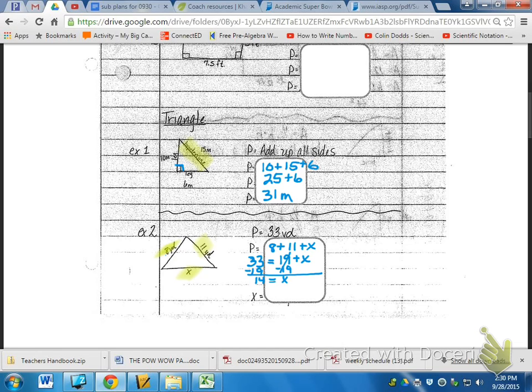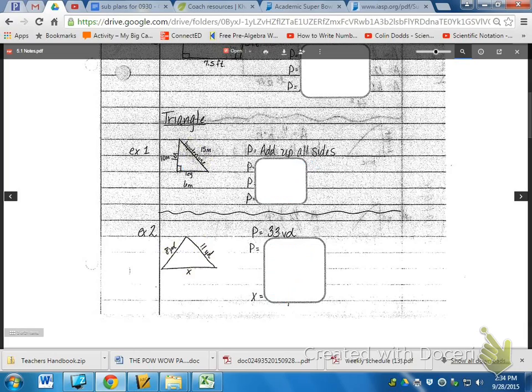So for my final answer, I'm going to say that x side is really 14 yards. Questions about that? So this kind of thing where you're setting up the equation, that's what we're going for. Okay? On the ones where maybe they've got the perimeter and area, that's really what you're going to be doing. Any questions?